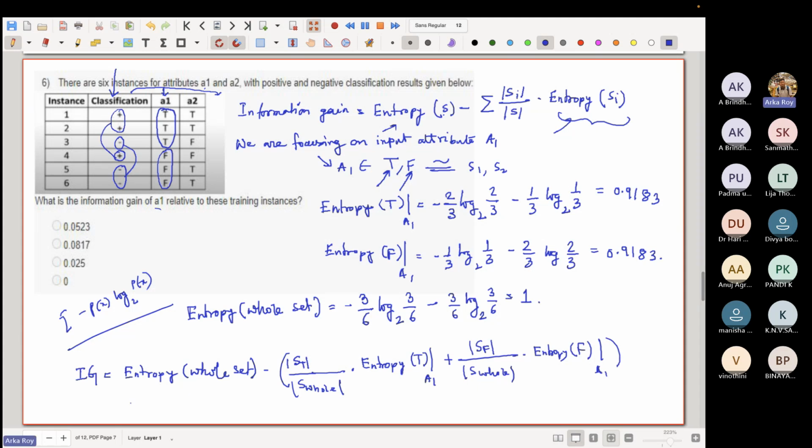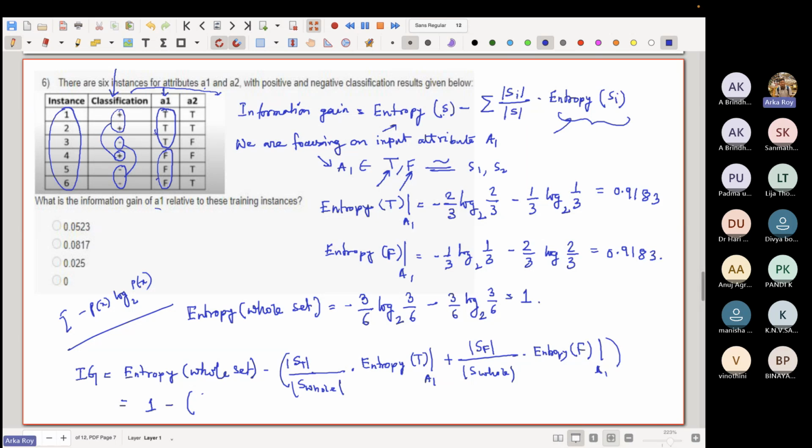Now let us assimilate the values. So entropy of the whole set we have already evaluated, that is 1, minus cardinality of true. Cardinality means in a set, how many samples there are that belong to true instances. So over here you can see in the whole set, you have a total of 6 instances. Out of these 6 instances, 3 are for true, 3 are for false.